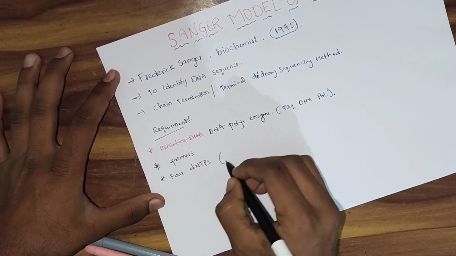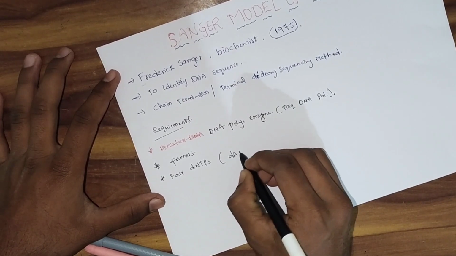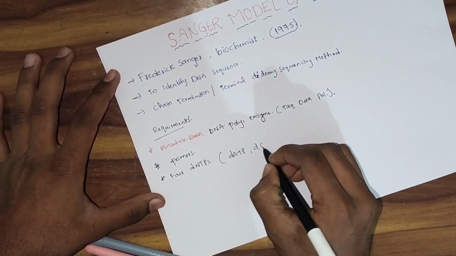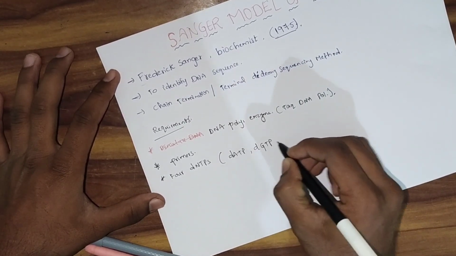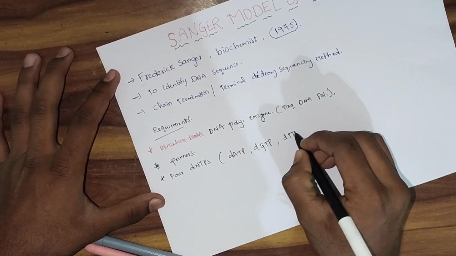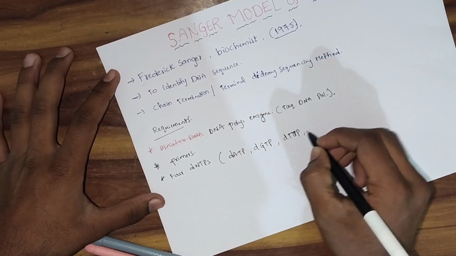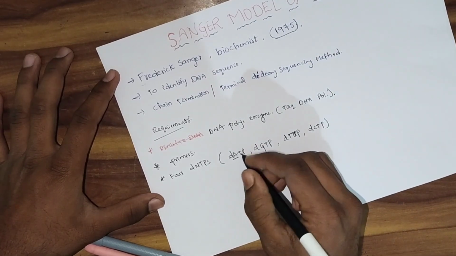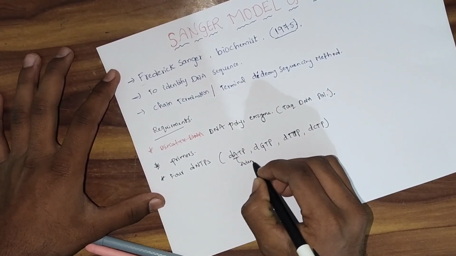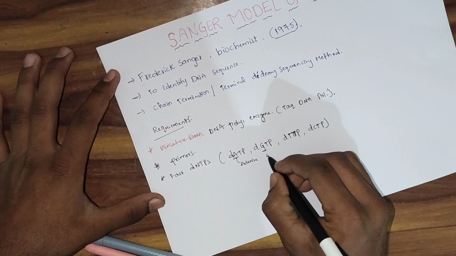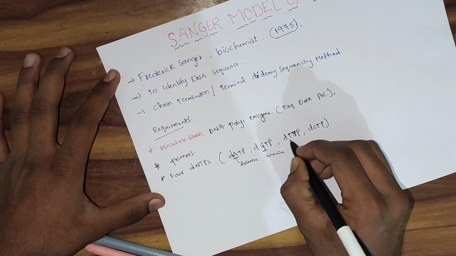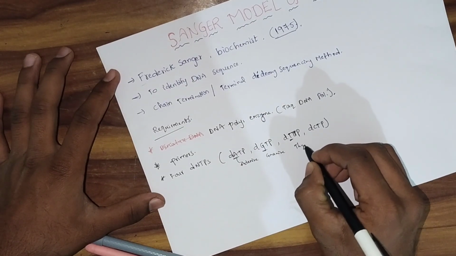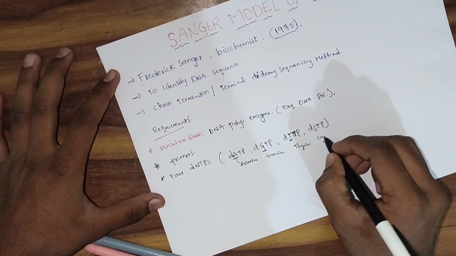The 4 dNTPs are dATP, dGTP, dTTP and dCTP. Here A refers to adenine, G refers to guanine, T refers to thymine, C refers to cytosine.